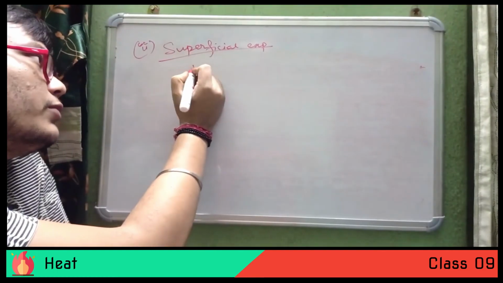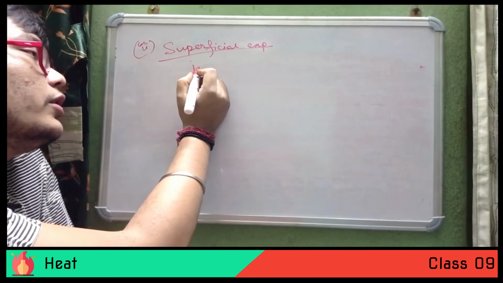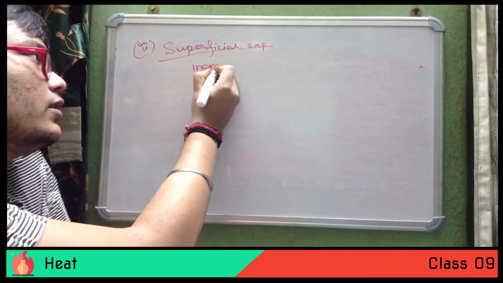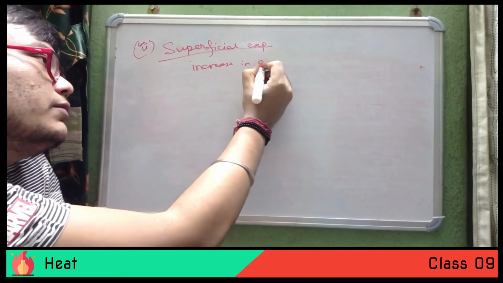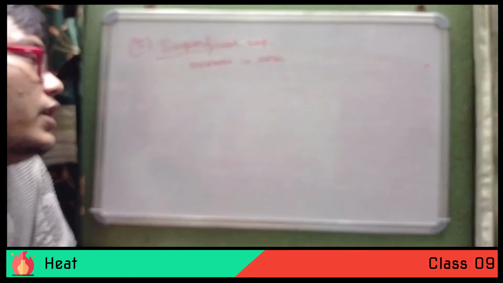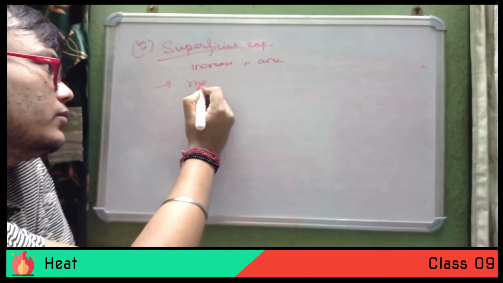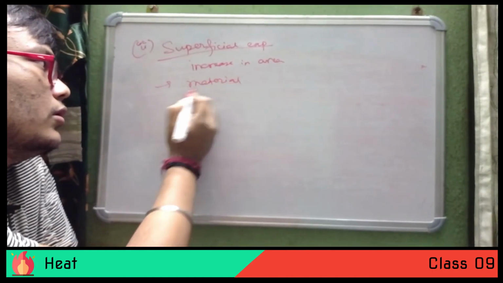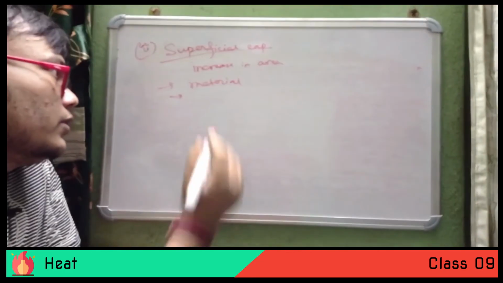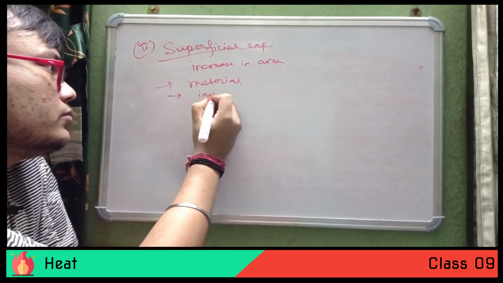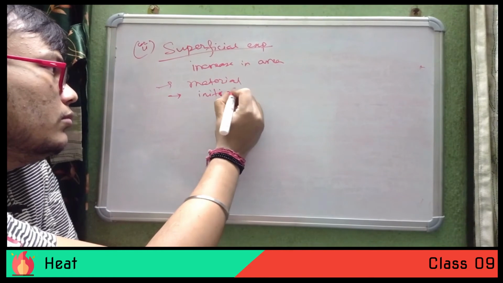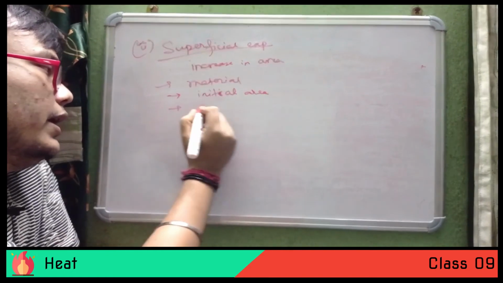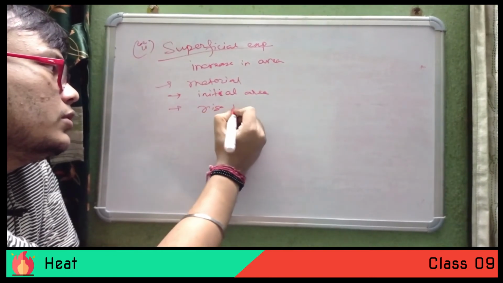Again, the rise in area, the increase in area, similarly to linear expansion, will depend on the material, the initial area, and the rise in temperature.